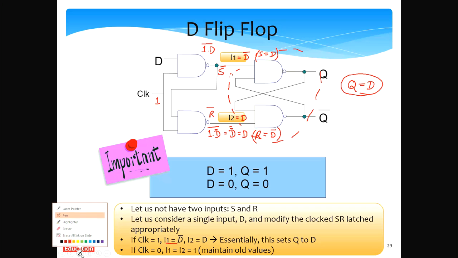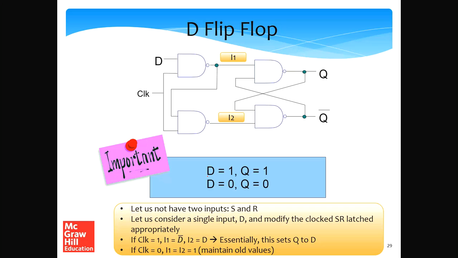Okay. So now let me take a look at what happens if the clock is 0. Well, if the clock is 0, then 0 goes to both the NAND gates. So we have 1 and 1. So essentially S bar is 1 and R bar is 1.